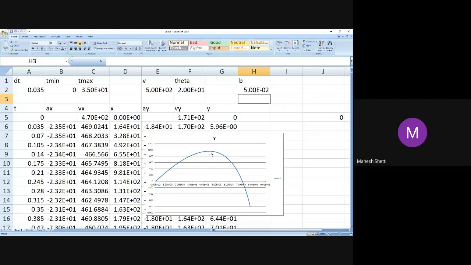One of the significances you realize is that vertically, of course, there are two factors playing a role, but you see horizontally the velocity is decreasing. Earlier, if damping was not there, the velocity along the horizontal direction would not have decreased.